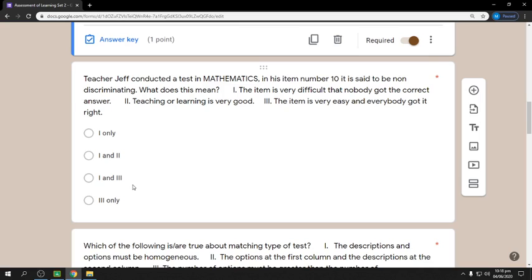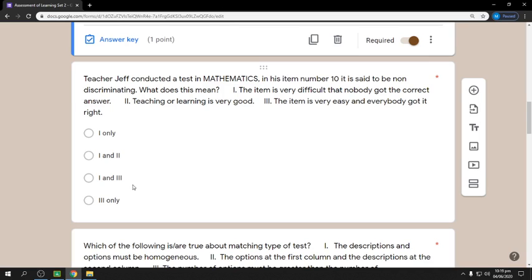Now let's go to the concept. It says non-discriminating. So let's remember the concept of the discrimination index. From the word discrimination, it sounds negative, but when you discriminate, you're able to differentiate. What we want to do is to really differentiate the top performer and the lower performer.